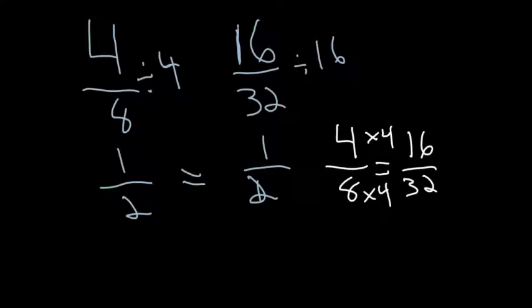There's one other way you can do this, and that is to cross multiply. And this will work, but sometimes your numbers get big. So here you have to do 8 times 16. 8 times 10 is 80. 8 times 6 is 48. 80 plus 48 is 128.